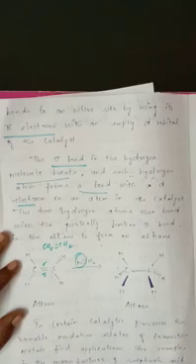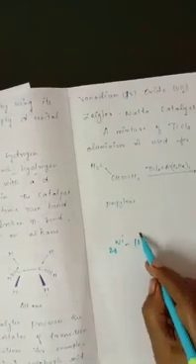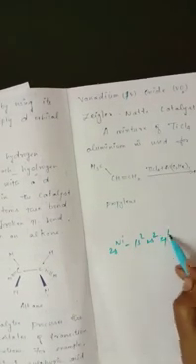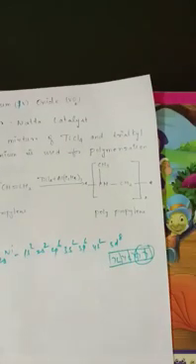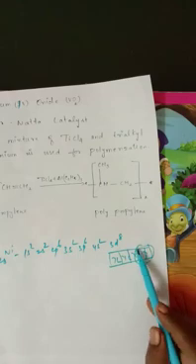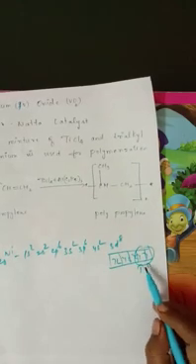Nickel has atomic number 28, so 1s2, 2s2, 2p6, 3s2, 3p6, 4s2, 3d8, isn't it? So here 1, 2, 3, 4, 5, 6, 7, 8. So 2 unpaired electrons. These 2 unpaired electrons are ready to produce a bond with the hydrogen.